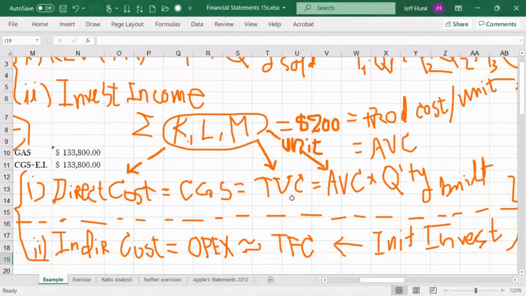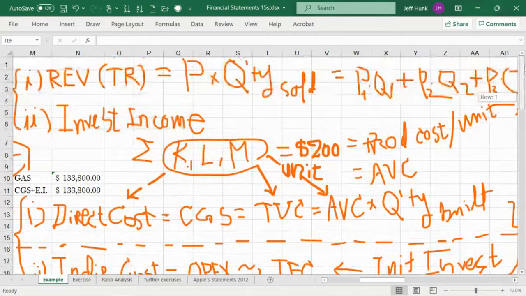By looking at this, direct cost is sort of like a linear function. As quantity goes up, total variable cost, or direct cost, goes up. And I believe we talked about the definition of revenue in our last class.